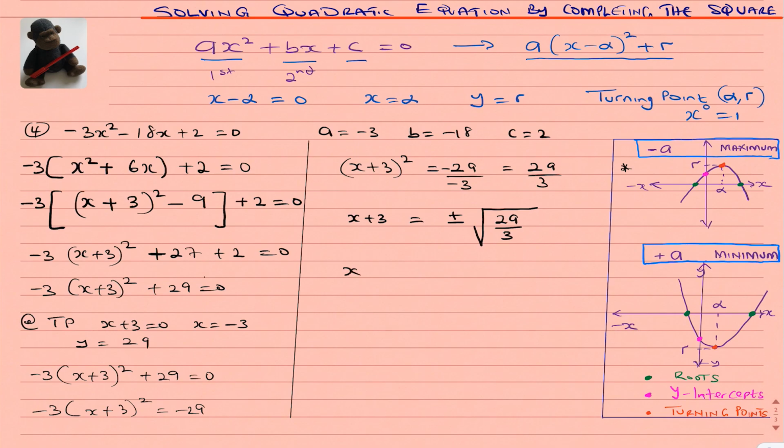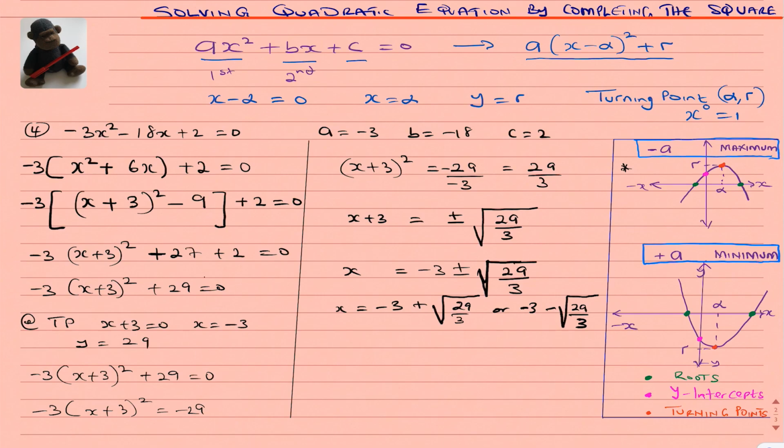So x equals minus 3 plus or minus square root 29 over 3. At this point in time, that's the solution, really. It says x equals minus 3 plus root 29 over 3, or minus 3 minus root 29 over 3. So those are the roots.